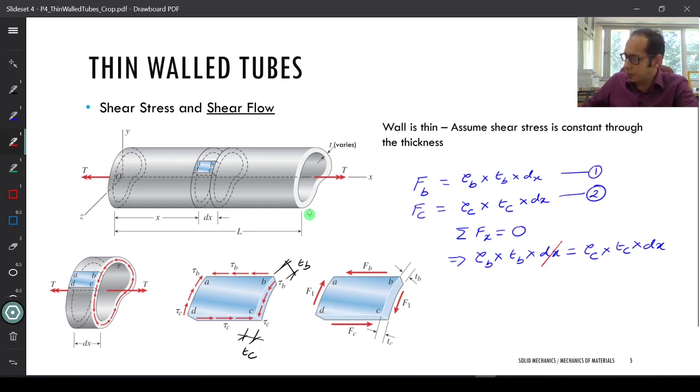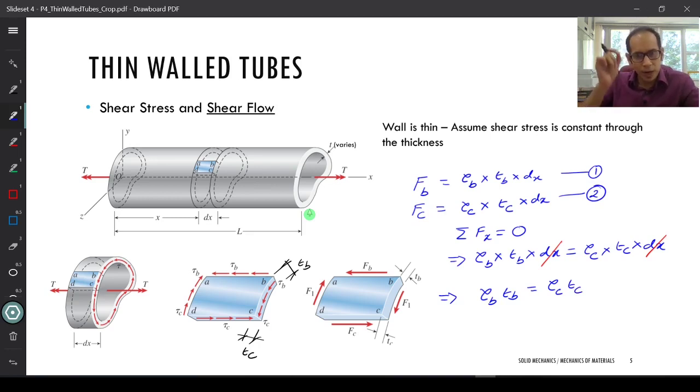So here my dx and dx cancel. So eventually I end up with a relationship that is tau b times Tb is equal to tau c times Tc. Now what does this expression tell you?